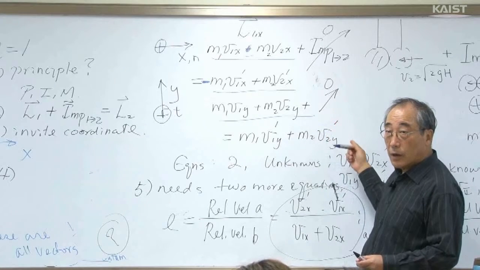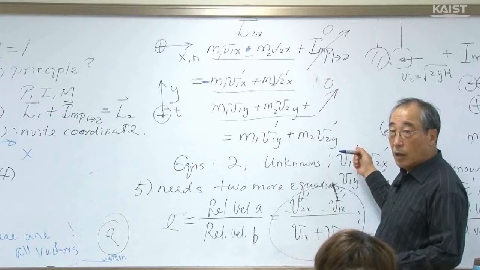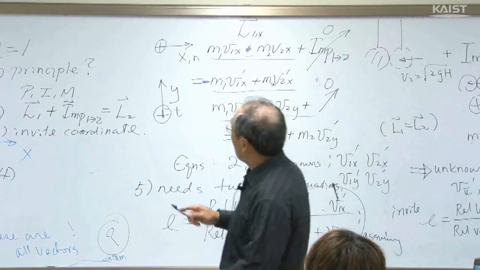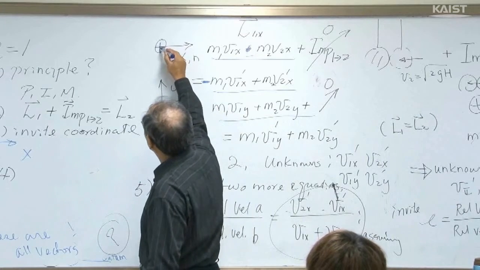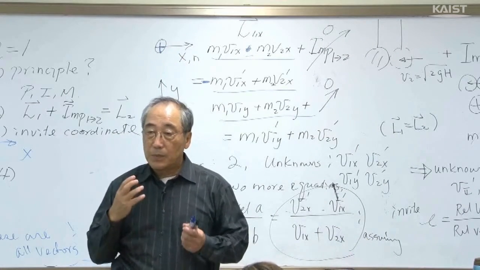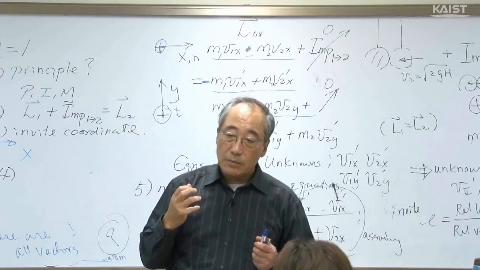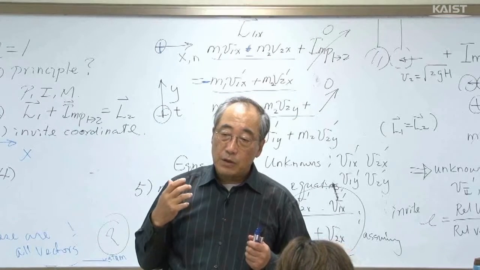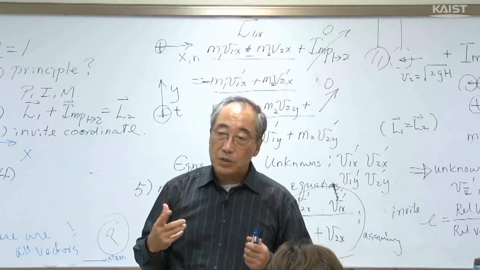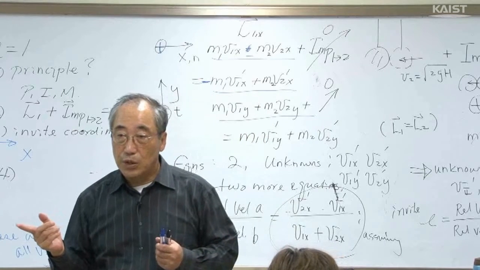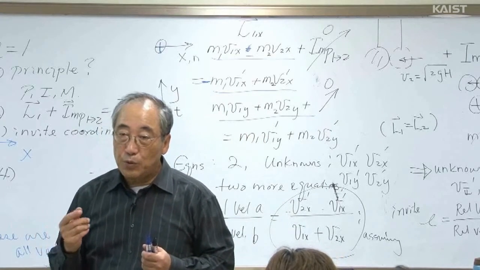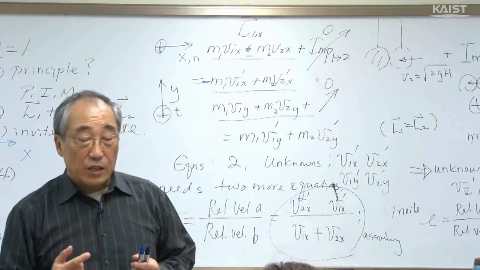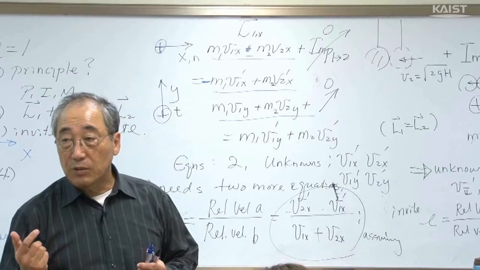That's okay. Right. The reason why we introduced a coordinate is because we attempt to write down the graphical expression in terms of scalar expressions. So we have to be very careful to select plus or minus signs, and that has to follow the coordinate we selected.